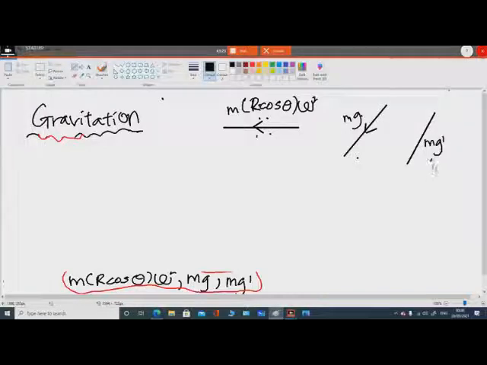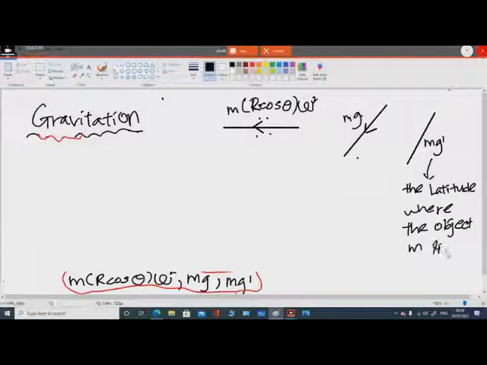So this mg prime is to be noted as the location, the latitude where the object m lies, as we referred to from the diagram just now.